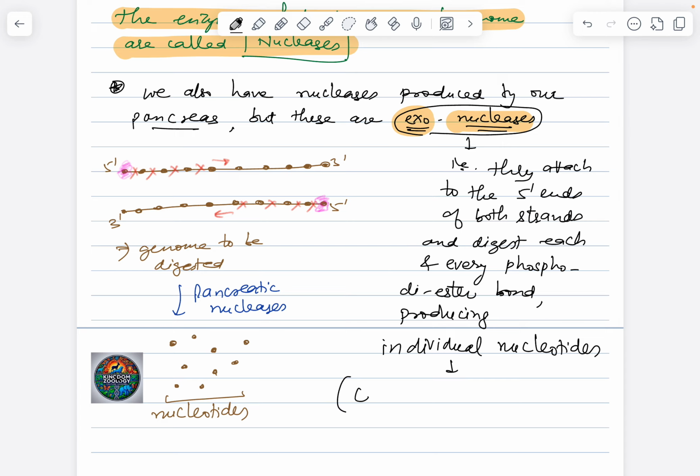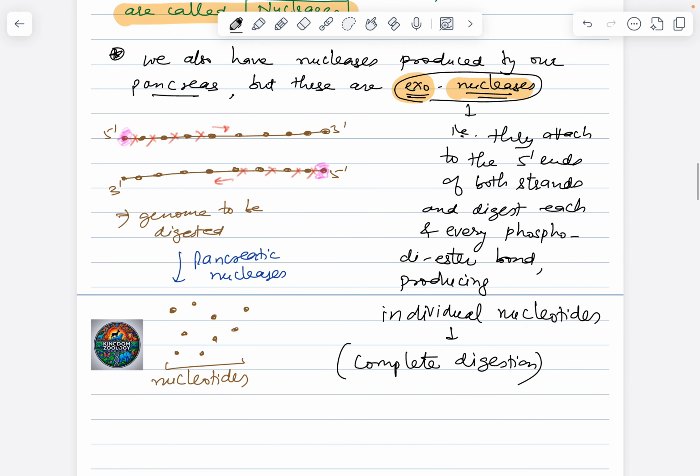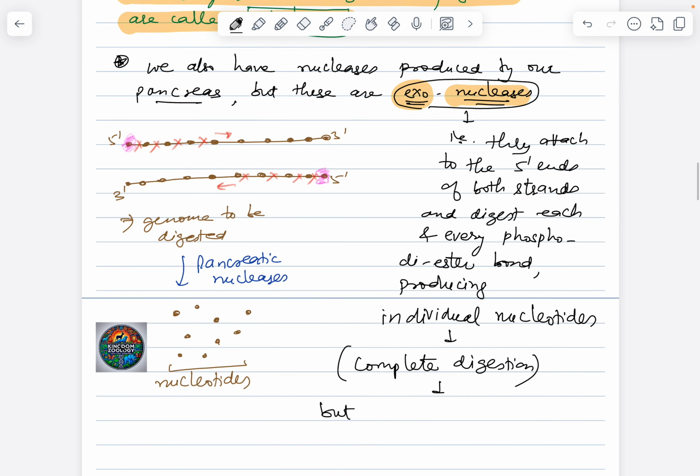Complete digestion that we require in the digestive system of the body. That is why pancreas is producing these enzymes over there. But the problem over here is in biotechnology, we did not need the nucleotides. We wanted genes, small sequences of nucleotides.